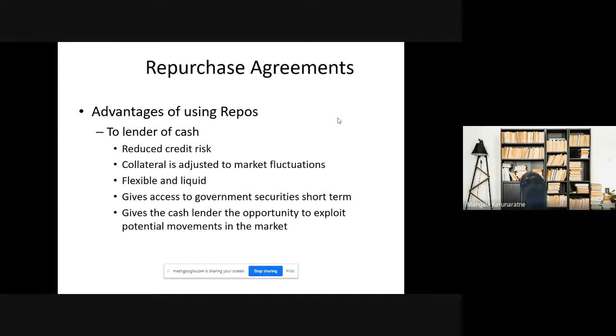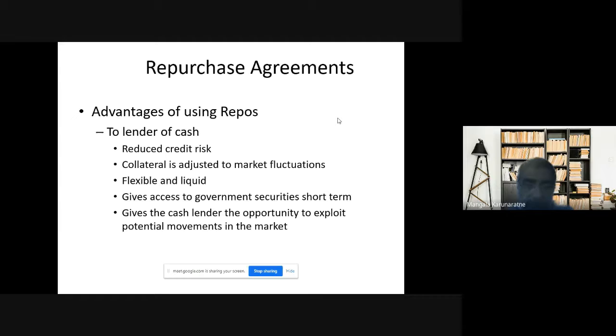The institutions or banks adjust this. They have to do it every day. You have to revalue the repurchase agreement portfolio and see whether the repos are adequately covered by securities.